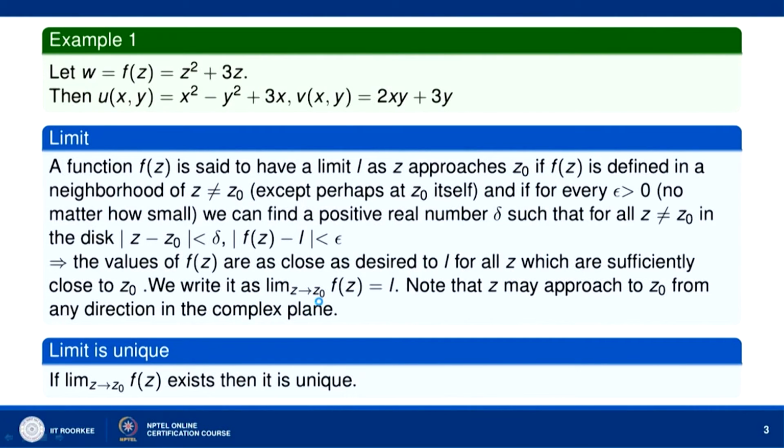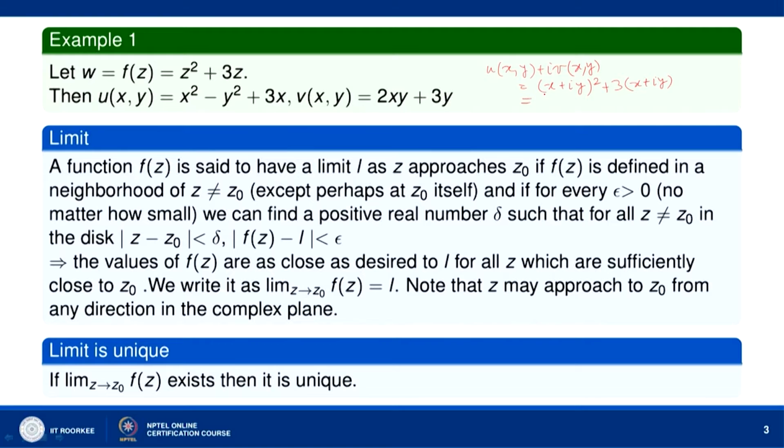For example, let us consider w equal to f(z) equal to z square plus 3z. Then here you can see u(x,y) plus i v(x,y) is equal to (x plus iy) whole square plus 3 times (x plus iy).